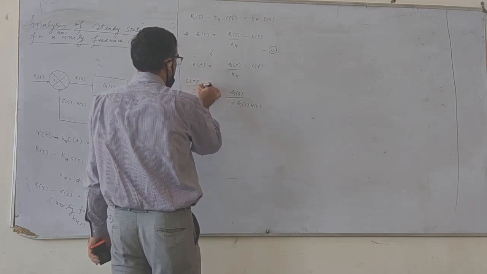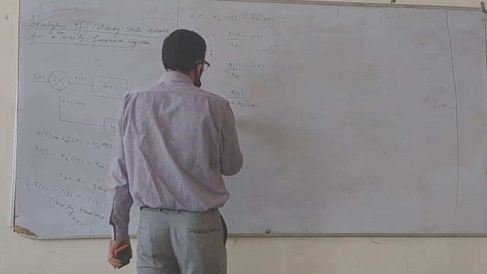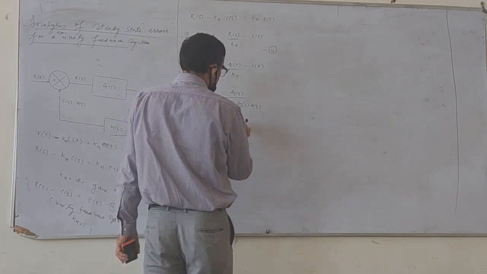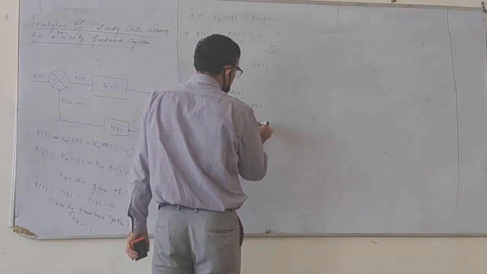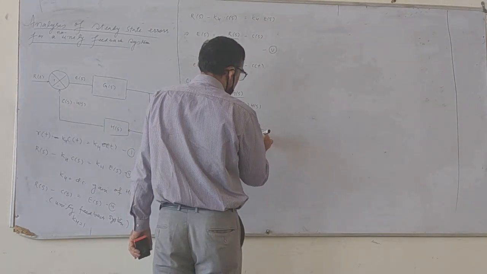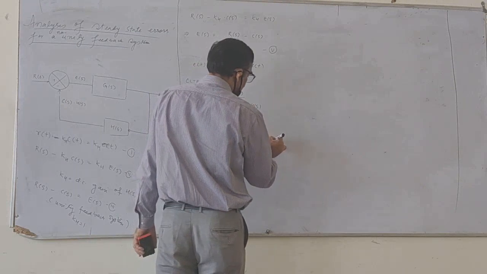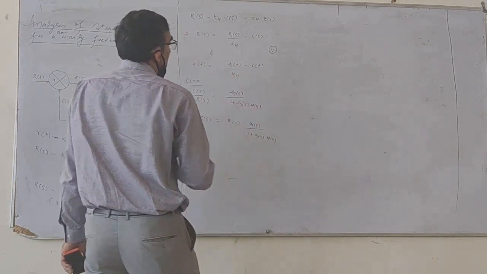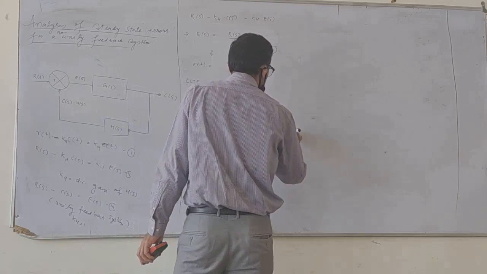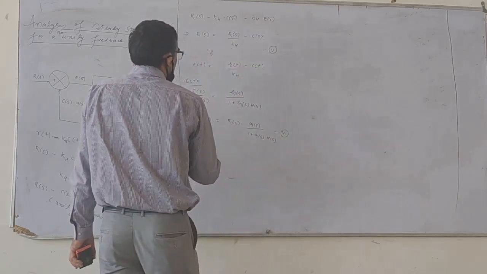C(s) by R(s) is given as G(s) divided by 1 plus G(s)H(s). So C(s) will be R(s) into G(s) divided by 1 plus G(s)H(s). Now let me substitute this equation number 6 in equation number 5.